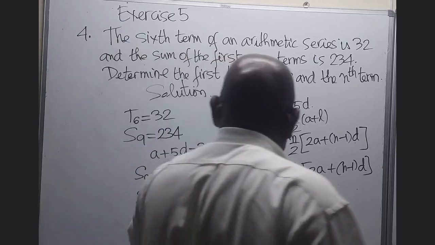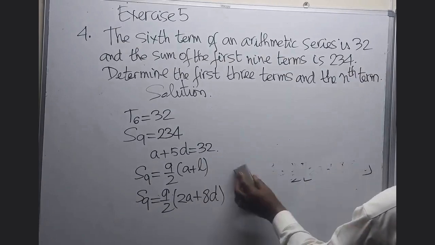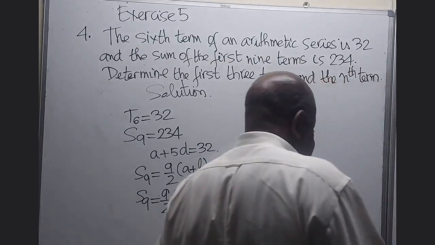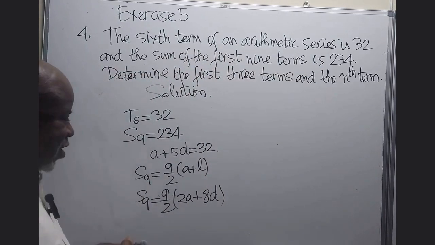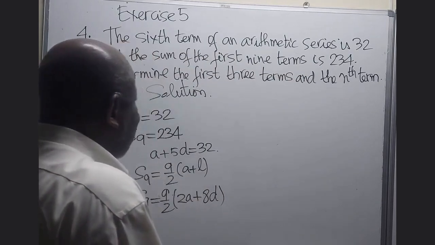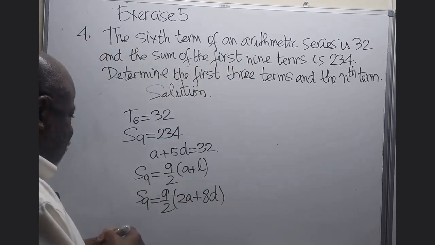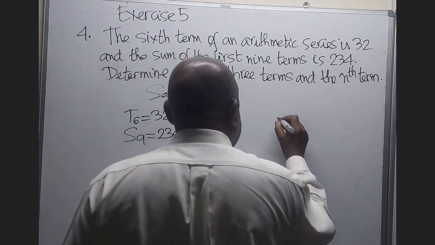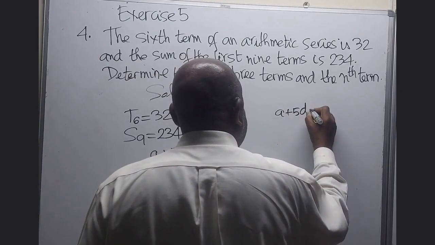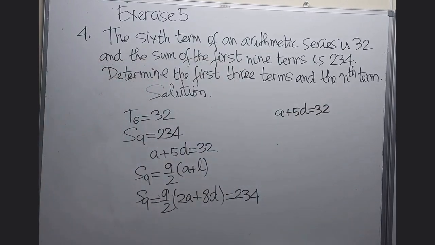I'm going to clean the board here to have some space. And this is going to lead us to a simultaneous equation. So let's replace, because they say the sum of the first 9 terms is 234. So this will be equal to 234. So we'll be having a plus 5d equal to 32. And here I'll get the common denominator.